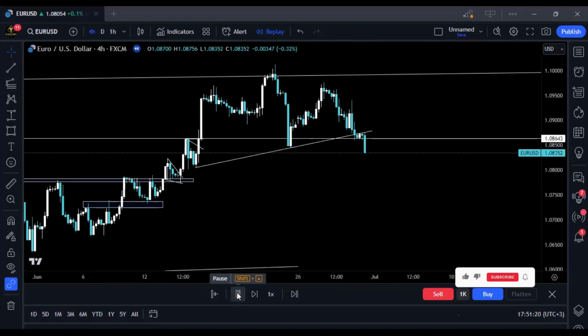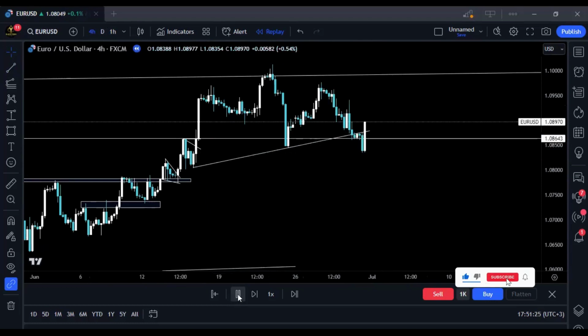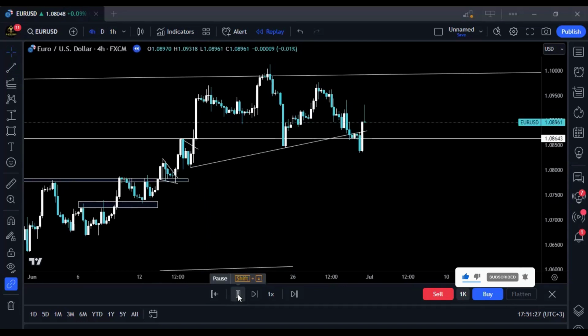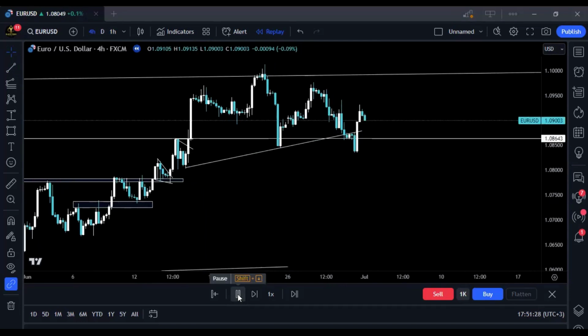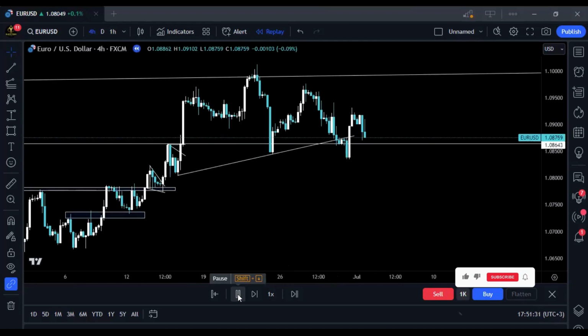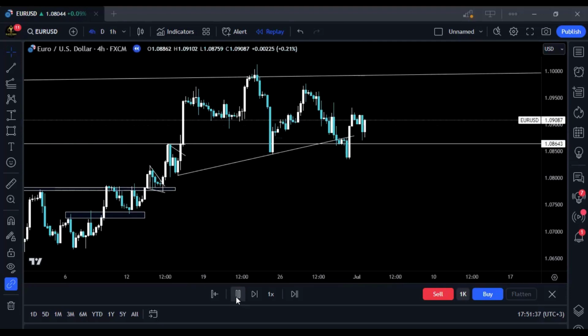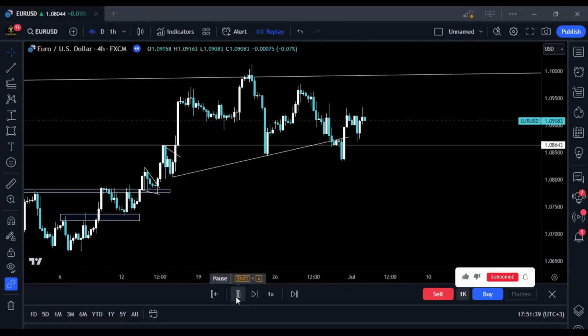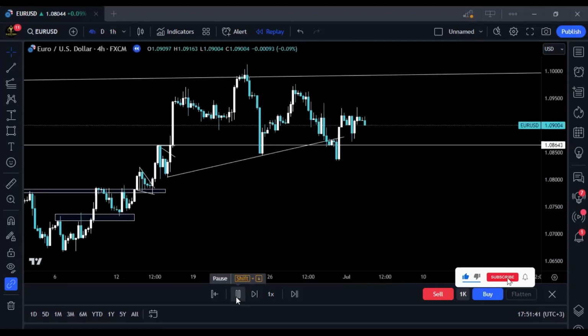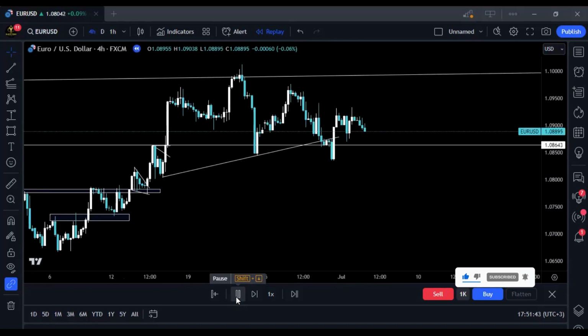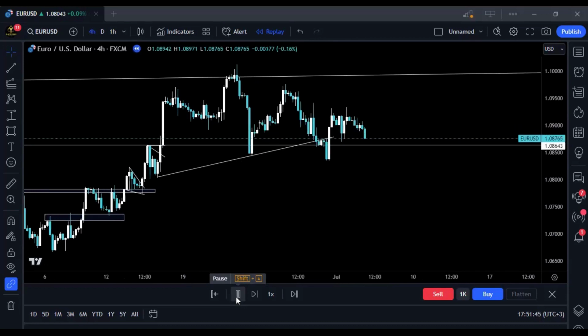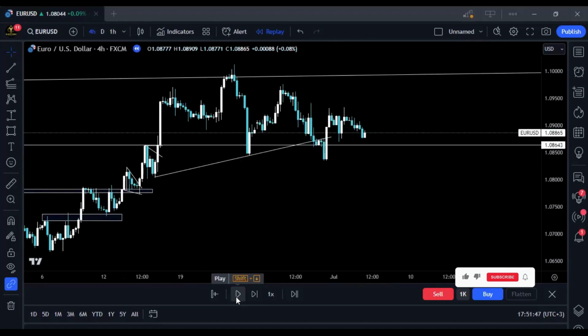Okay. So prices began to be very choppy. Now that candlestick, I would have been interested in, because it indicates some kind of a strong bearish push, strong bearish momentum.